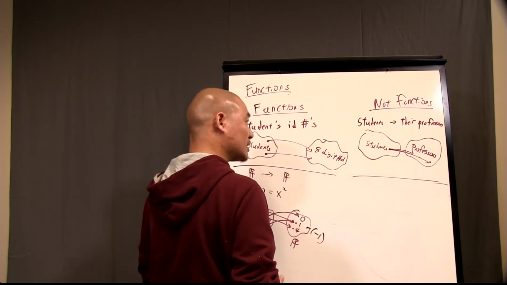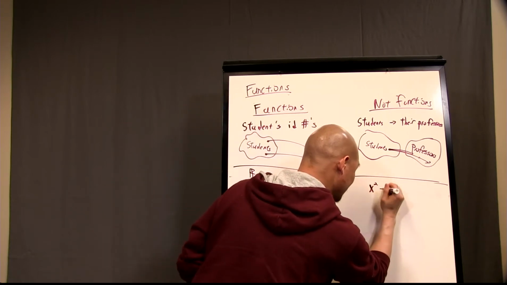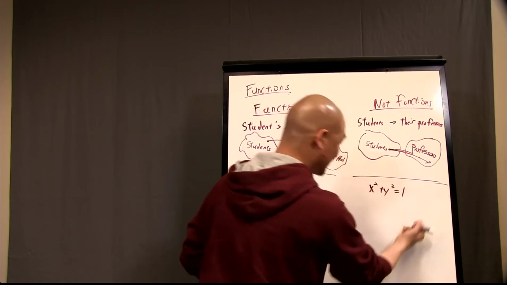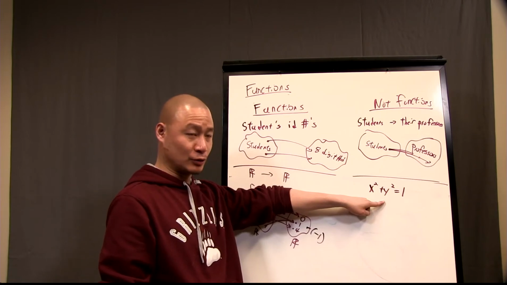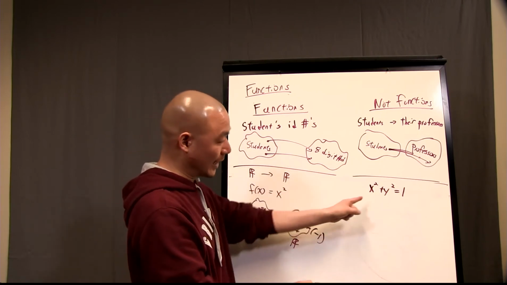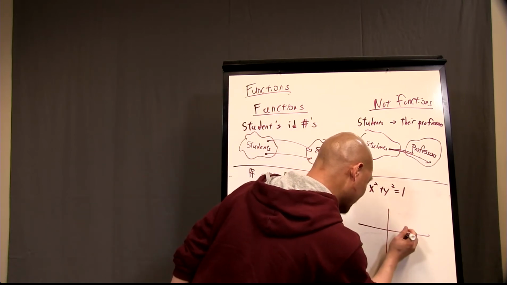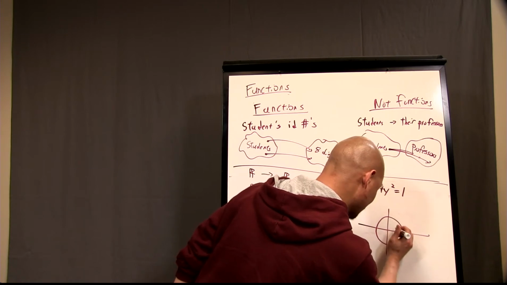An example of an assignment like this that's not a function, that's more algebraic in nature, is something like this: x squared plus y squared is equal to 1. If we look at the collection of points x and y that satisfy this equation, what you get is a circle centered at the origin of radius 1.